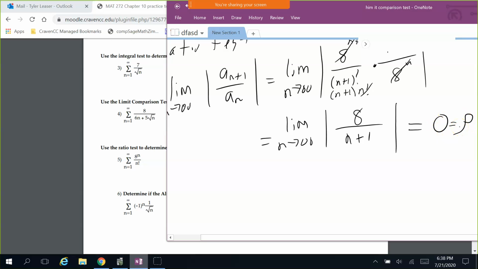When rho is less than 1, which is what we have, then we have absolute convergence. If rho is equal to 1, the test is inconclusive. If rho is greater than 1, then it diverges.